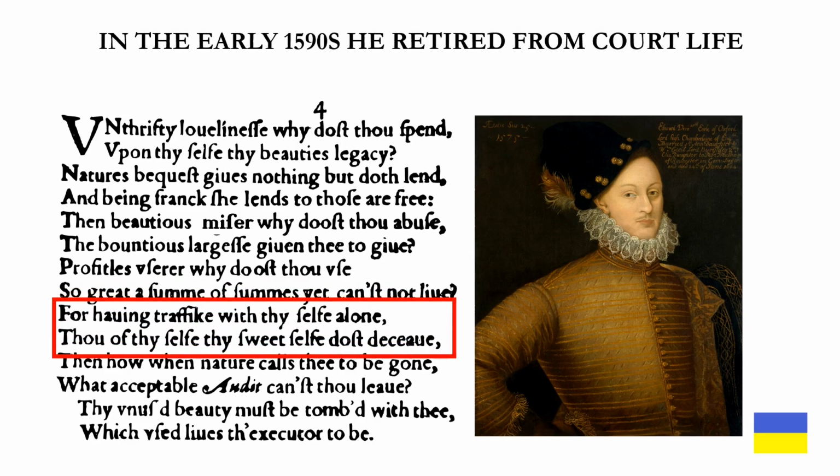In the early 1590s, he retired from court life, which is why he says in this poem, "For having traffic with thyself alone, thou of thyself, thy sweet self, dost deceive." In other words, he's fooling himself that retiring from court life is going to do him any good.